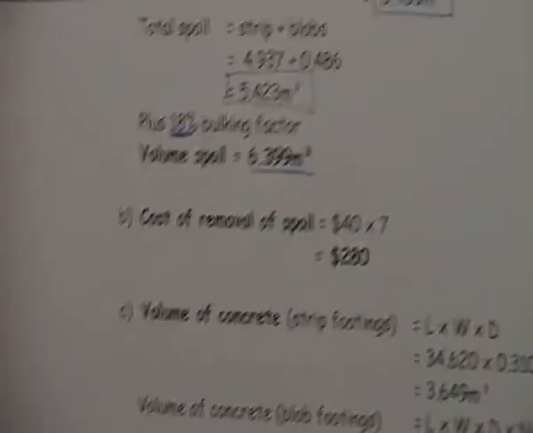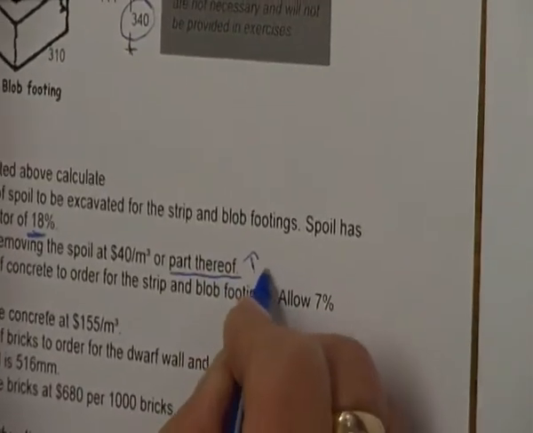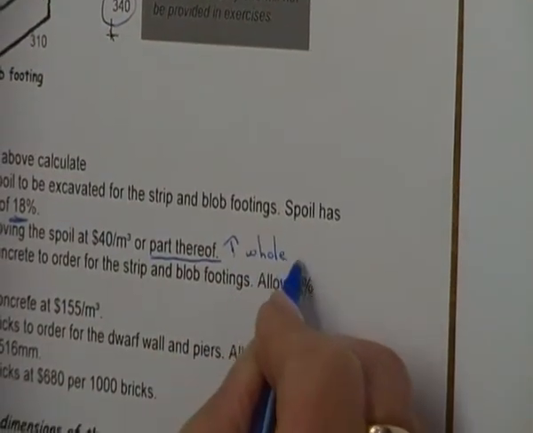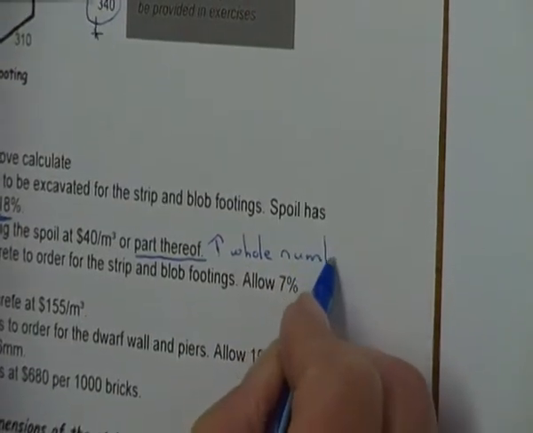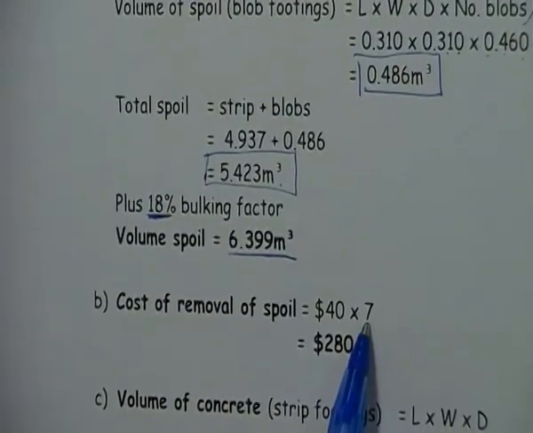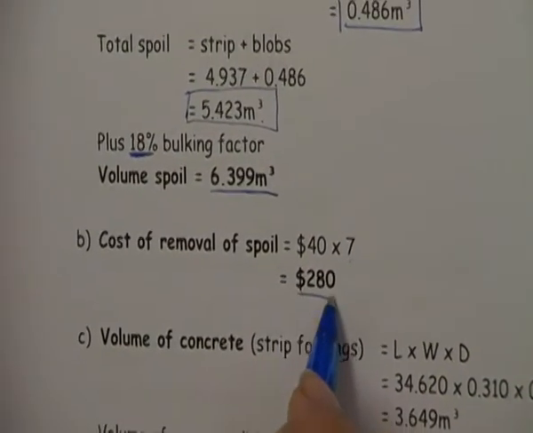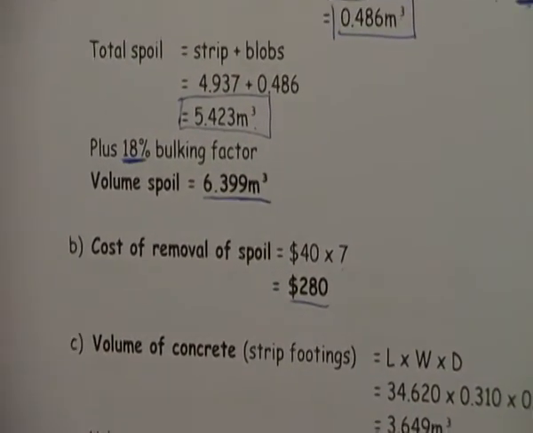Now this part thereof is a fancy way to say round up to the next whole number. I don't know why it's not written like that. So we've got 6.399. We're going to round up to 7. So 40 times 7, our spoil removal is going to be $280.